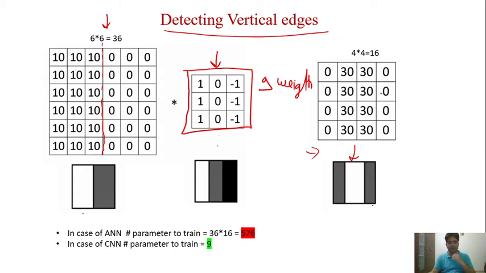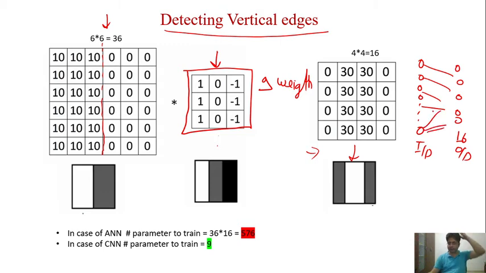So at minimum you require 36 nodes in the input, and if you are not taking any hidden layer, then you require a minimum of 16 output nodes. Then they are fully connected to each other. Once they are fully connected, how many weights will be required? At minimum you require 576 weights.